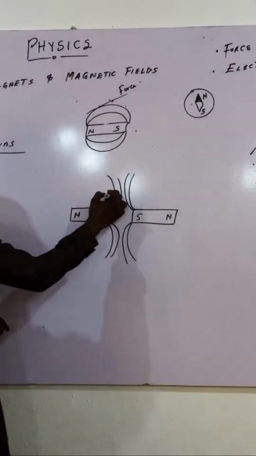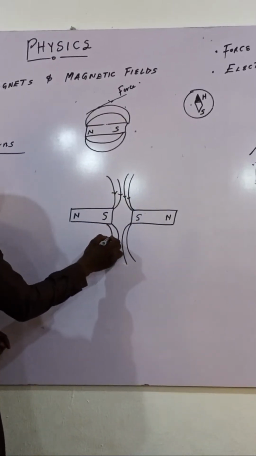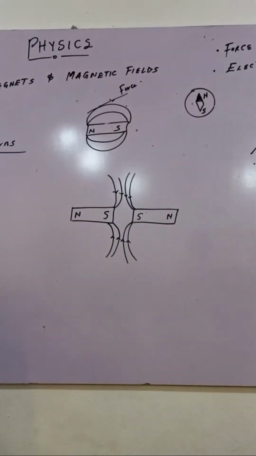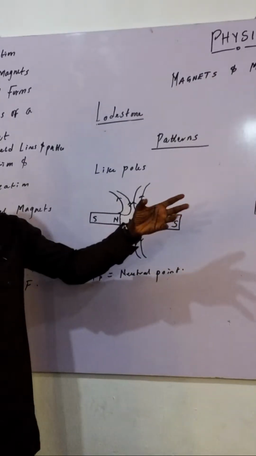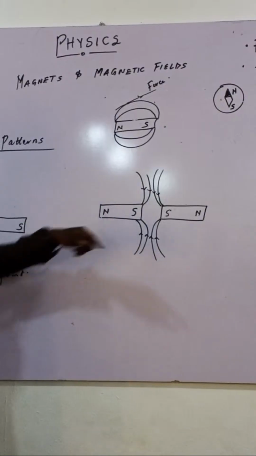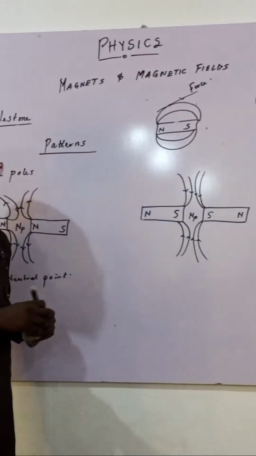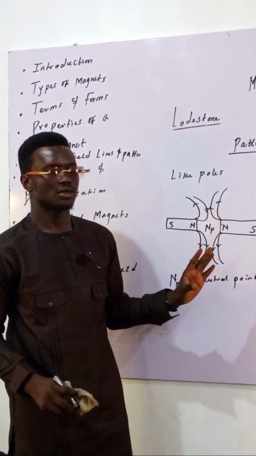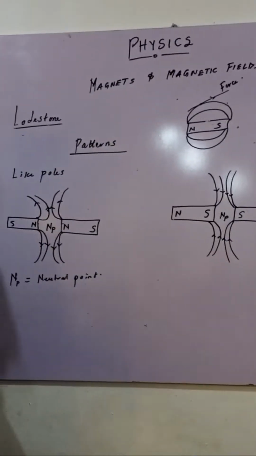My arrow must have told me. Can you see that? You see the arrows for this one, they are going outside. Abi, for north, they go outside. For south, they go what? Inside. So this part will be your neutral point. Those are like poles. Same poles. South, south, north, north.